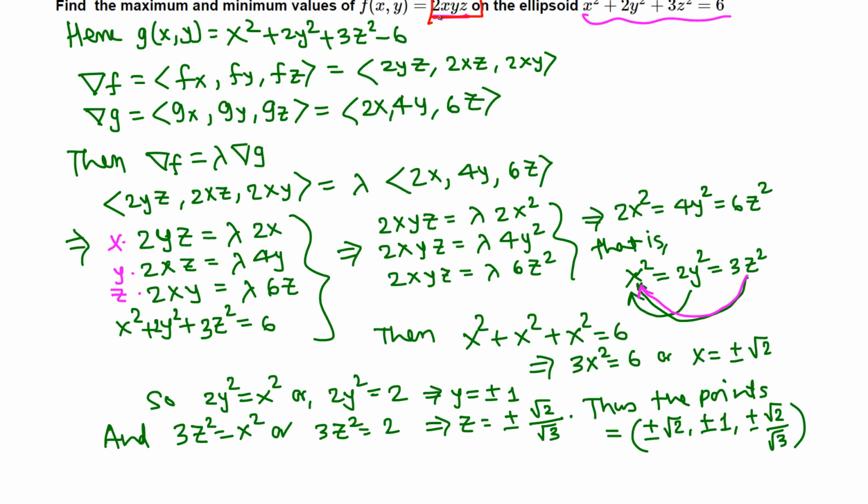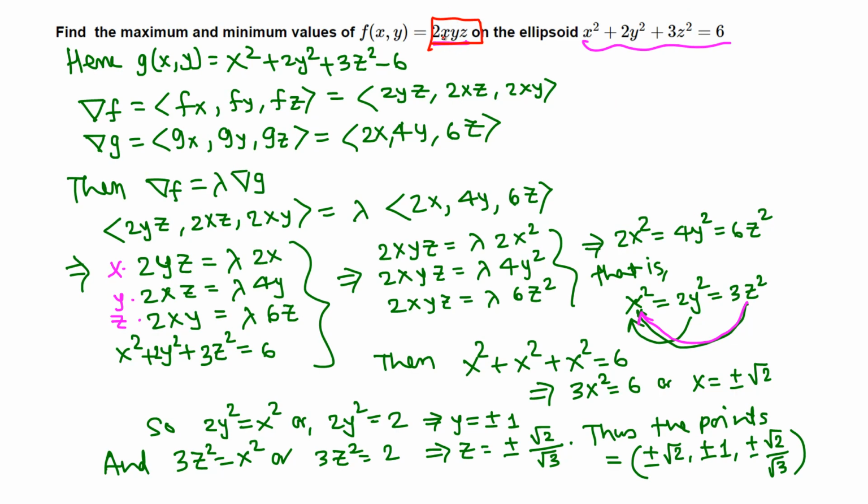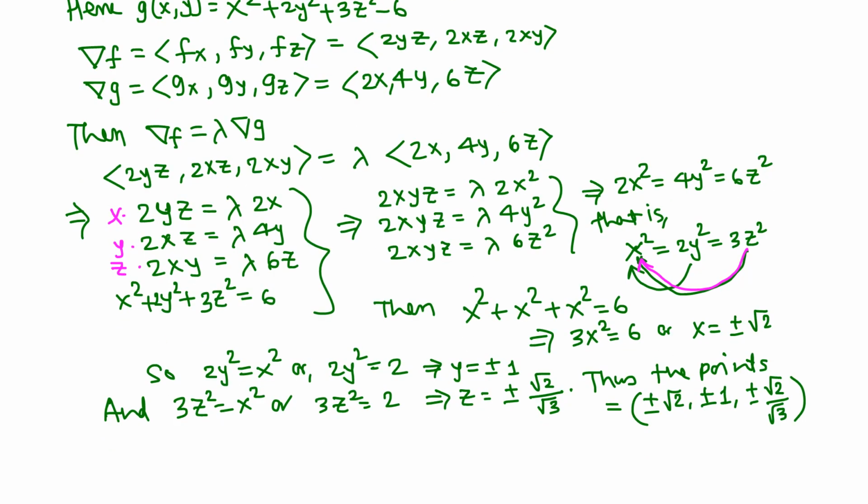Or for the maximum, we can take 2 negatives and 1 positive. So eventually we want to make everything positive, so 2 negatives and 1 positive also gives us positive.